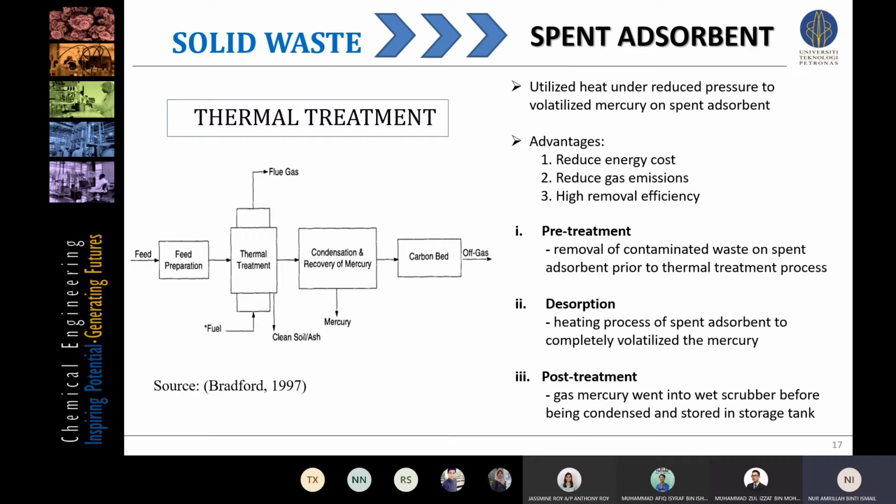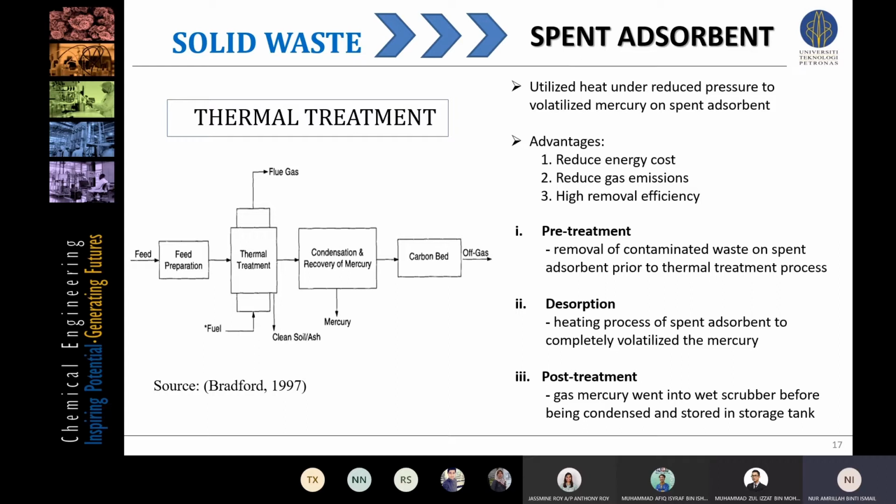As this process is performed under reduced pressure as well as vacuum conditions, it reduces a significant amount of energy cost as well as gas emission. This process also possesses the highest removal efficiency of mercury from spent adsorbent, which is around 96%.